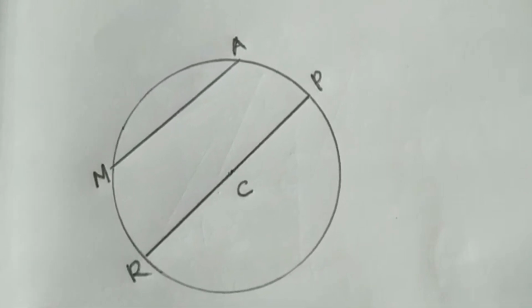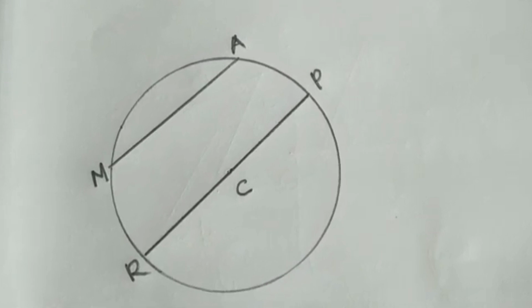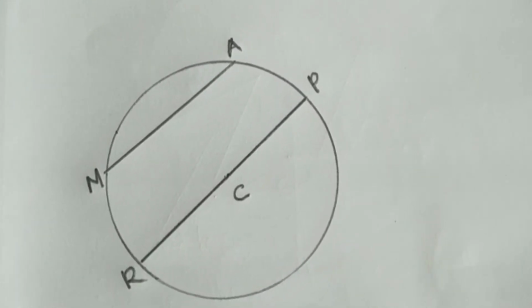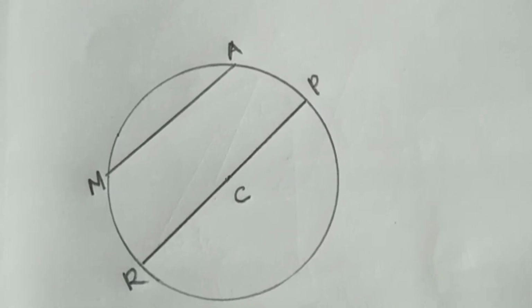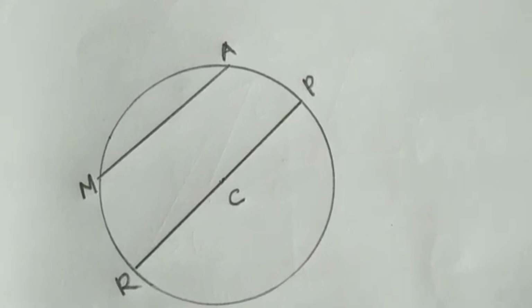Next one, you observe the line PR. That is also joining 2 points on the circle, but it is passing through the center of the circle. So this chord passing through the center is called the diameter of the circle.